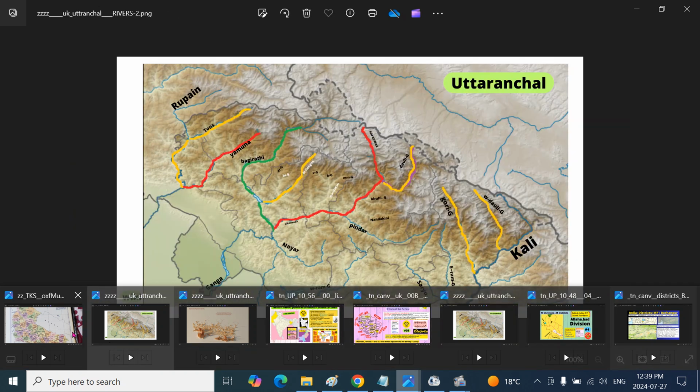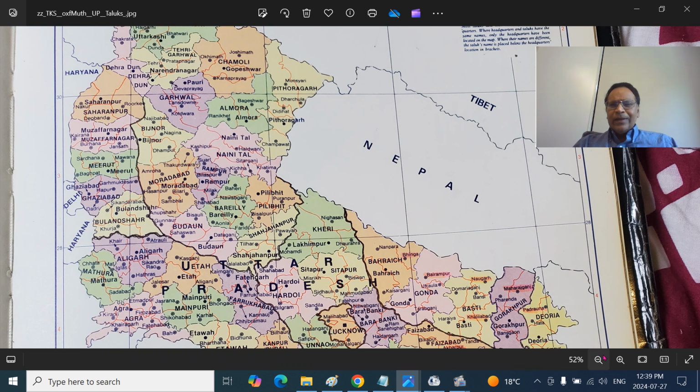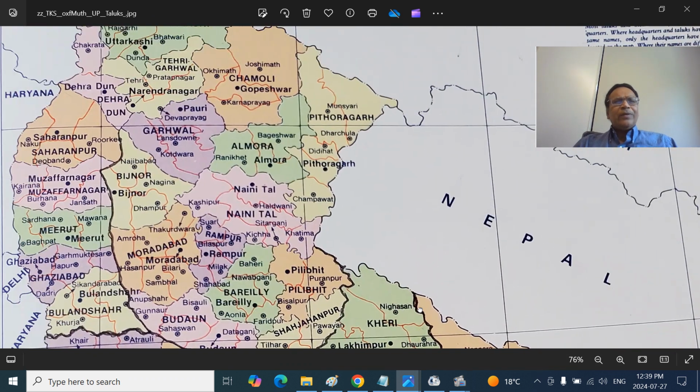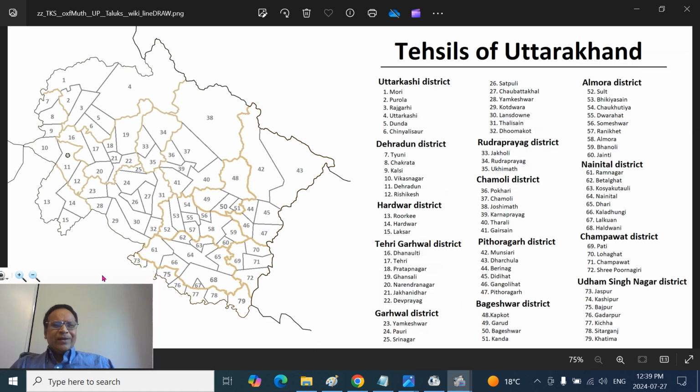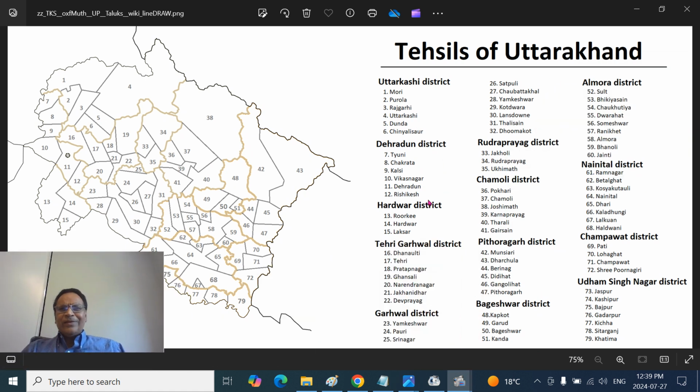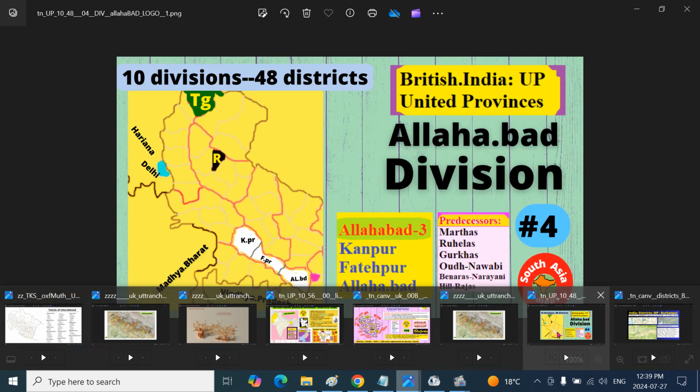For clarity, I will stop here so the top part is cut off, but this is mostly sufficient. This is the region. And if you want to know the modern 13 districts and their tehsils, for completing the story, I have put them here for convenience.